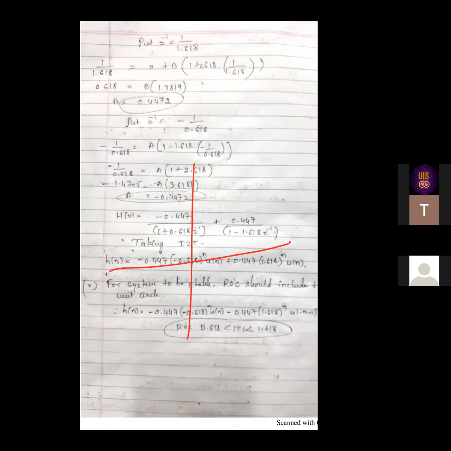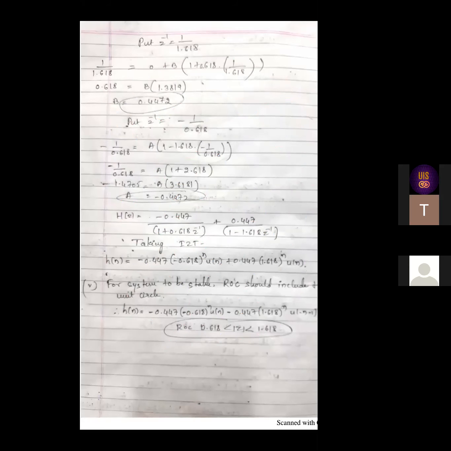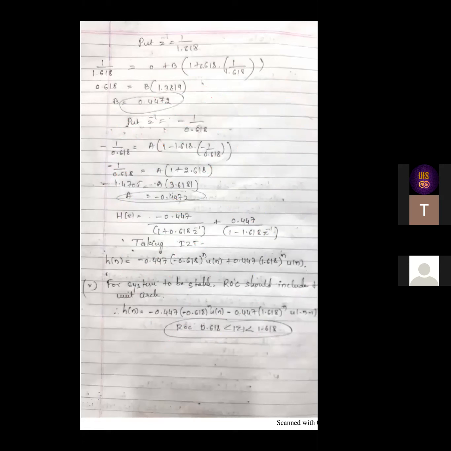If I shade the inside part, it does not include the unit circle. So the only possibility is something like this, a concentric ring. Then only the unit circle and ROC are both covered. So this should be the condition for ROC: in between your two roots, the alpha values 0.618 and 1.618.